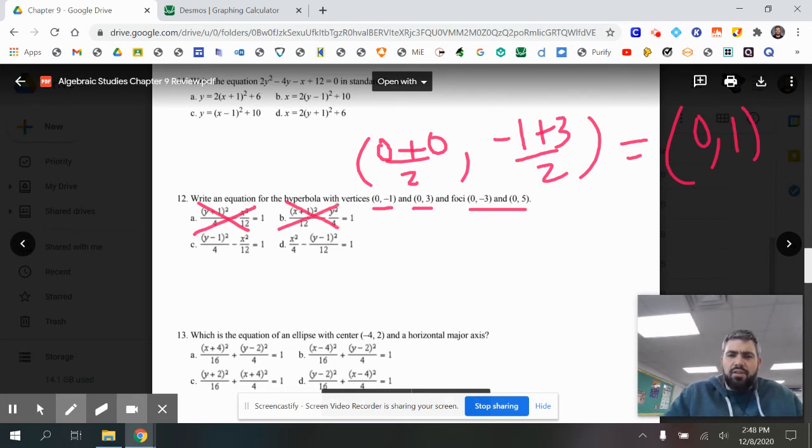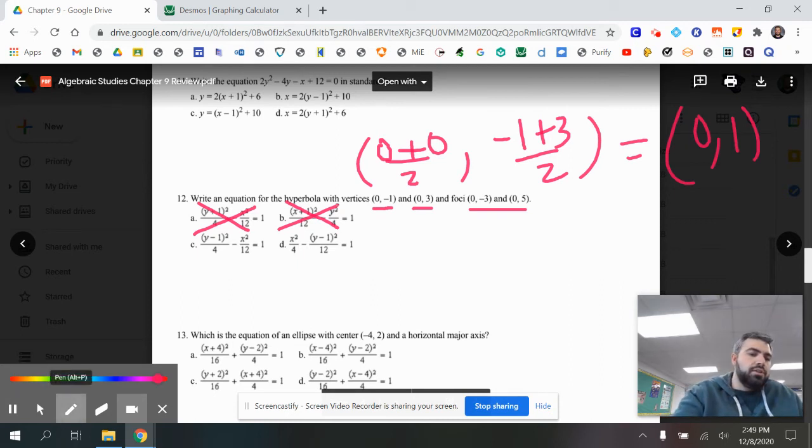So now we have to figure out, is this a horizontal or a vertical hyperbola? What I'll do is plot out a couple of points and see what happens, right? It's a hyperbola, so the branches are going to go in opposite directions.